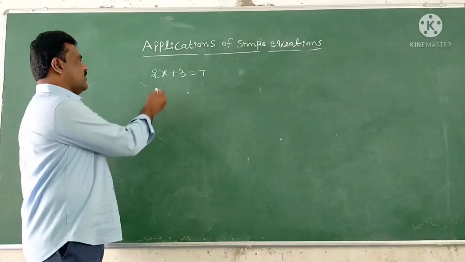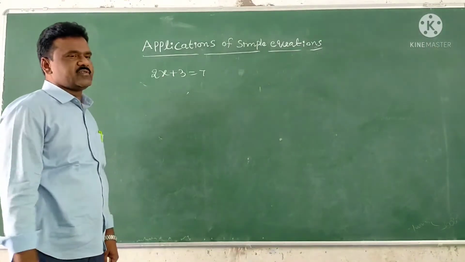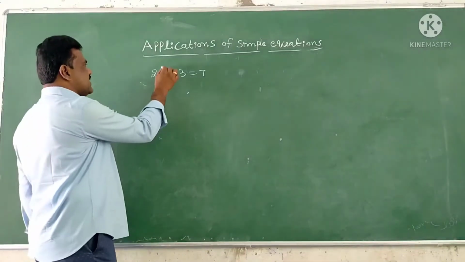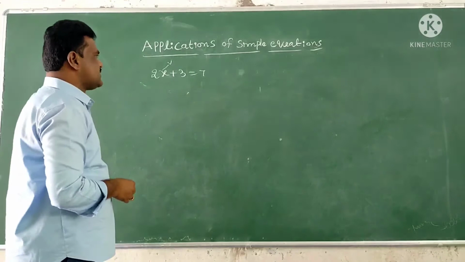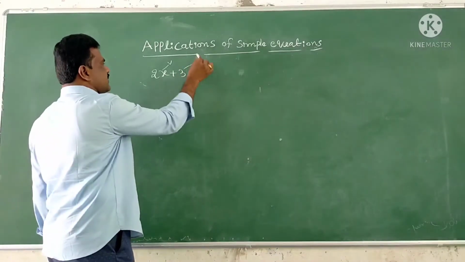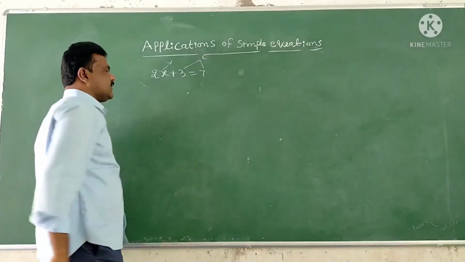Which is the variable in this equation? Yes, x is the variable. What are the constants in this equation? Constants are 3 and 7.